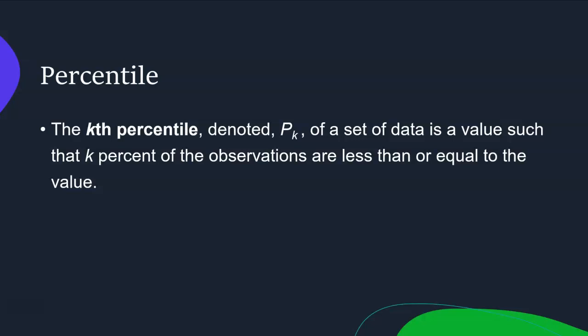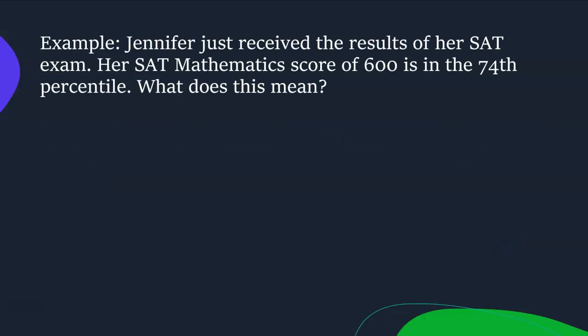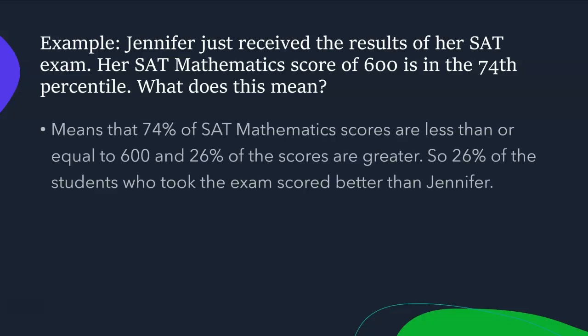Let's look at an example. Jennifer just received the results of her SAT exam. Her SAT mathematics score of 600 is in the 74th percentile. What does this mean? Basically, it means that she scored higher than or the same as 74% of individuals who took the test.